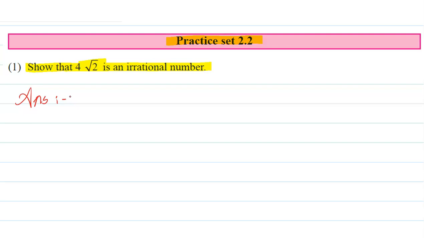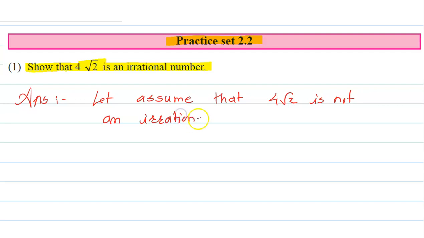That means let us assume that 4 times root 2 is not an irrational number.